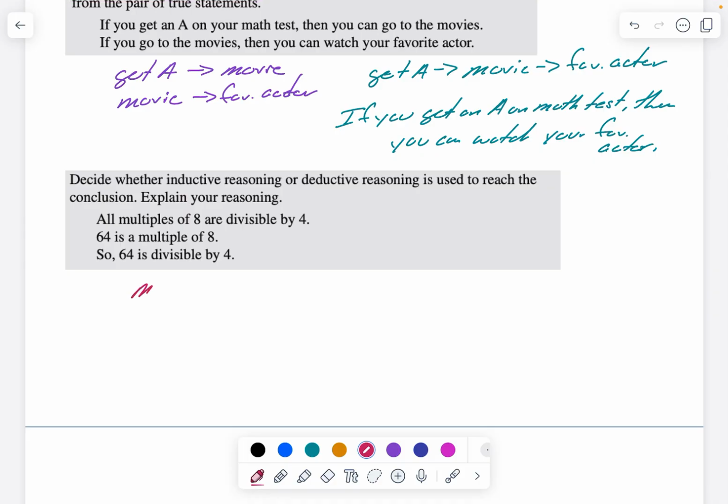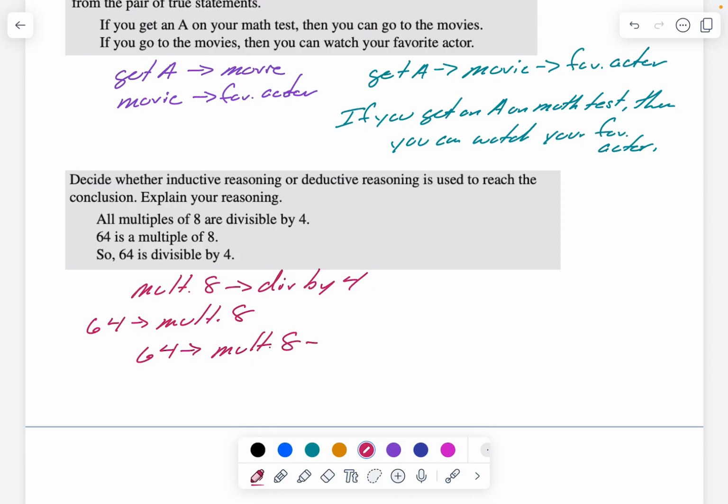So let's see if we can figure this out. Multiple of 8 means divisible by 4. 64 is a multiple of 8. And so you can see we've got 64, multiple of 8, divisible by 4.